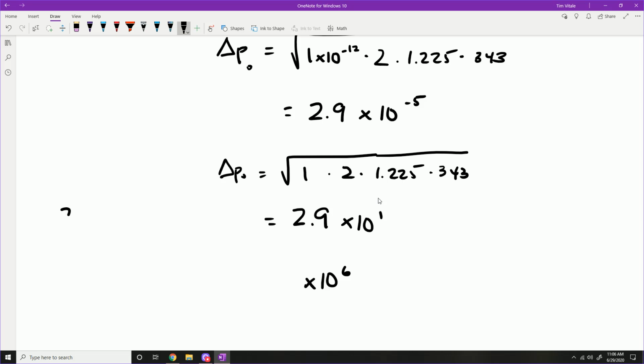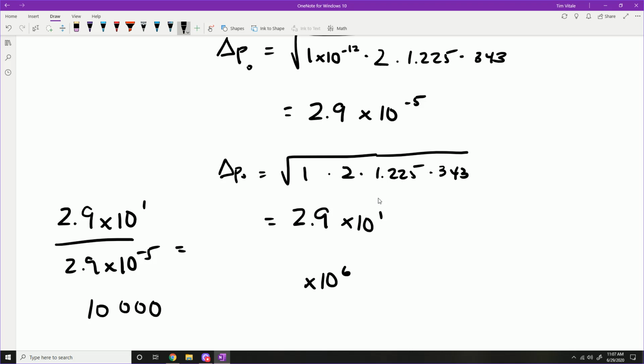So if I were to divide them, 2.9 times 10 to the 1 divided by 2.9 times 10 to the negative 5, and put that in the calculator, you get 1, 2, 3, 4, 5, which is, of course, 1 times 10 to the 6, which is what we were talking about.